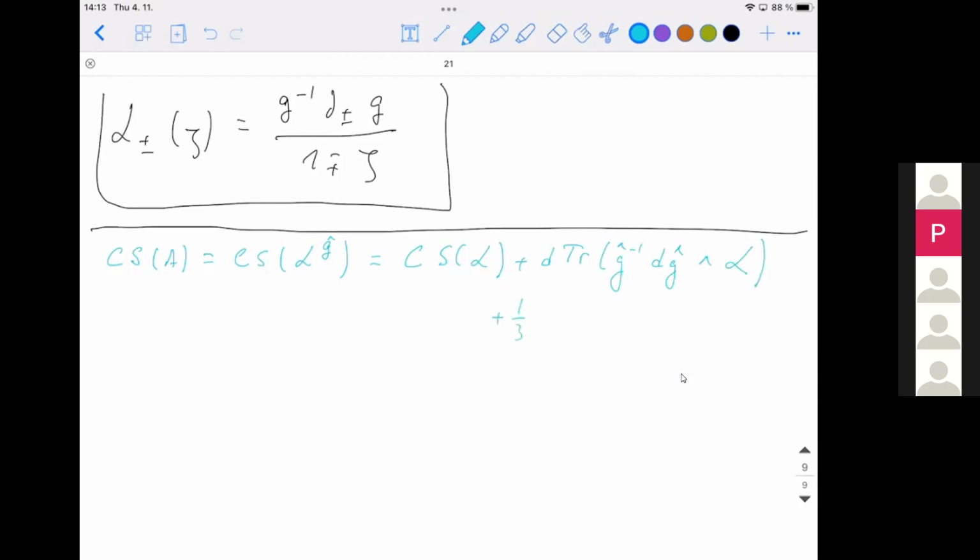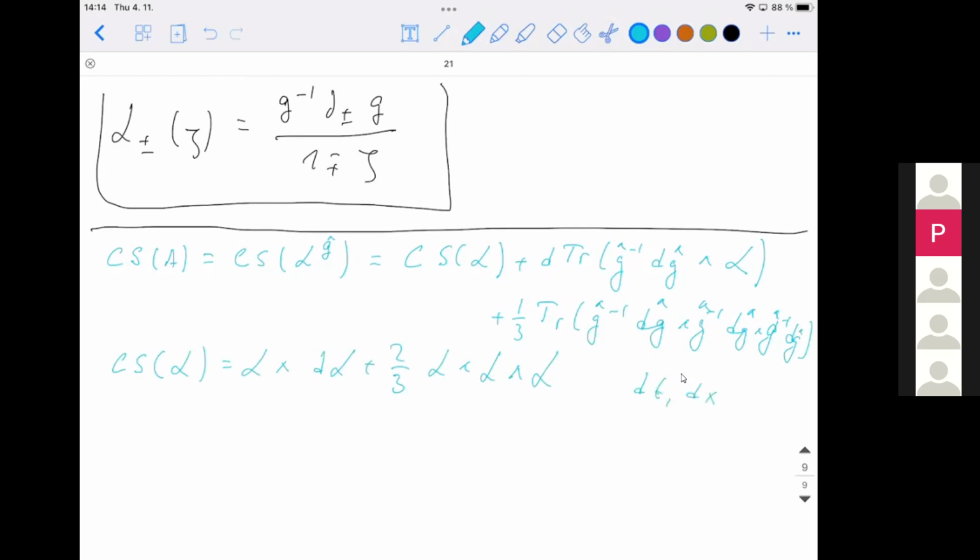Plus this, and Chern-Simons depending on L is that dL plus 2/3 of this, but L is actually along only dt and dx.